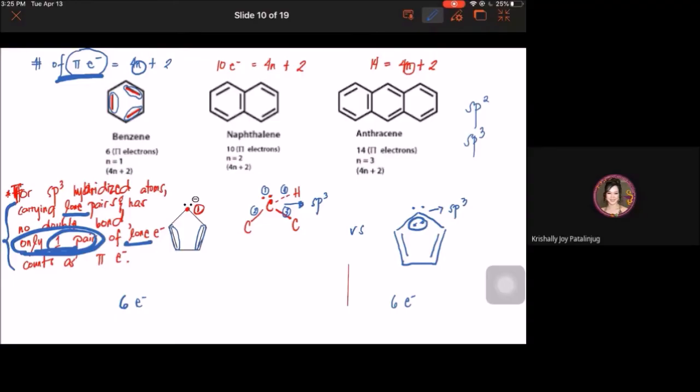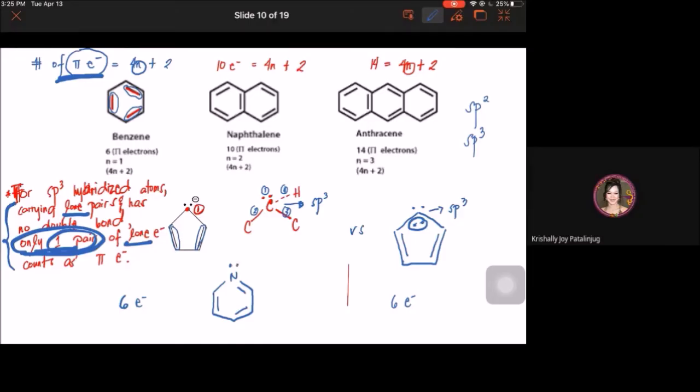Now, an sp2 hybridized atom can carry a lone pair. For example, I'll draw it. Say, the pyridine ring. So this is actually heterocyclic already.